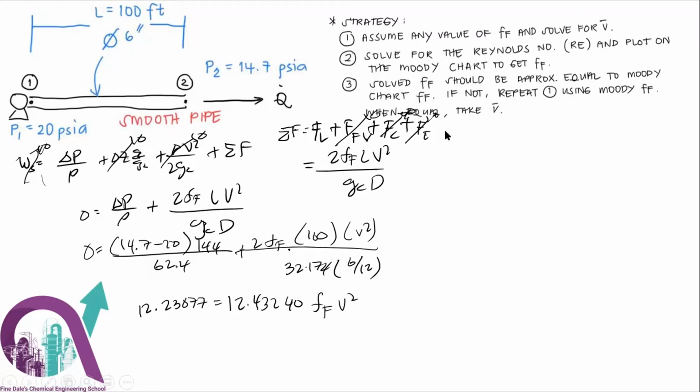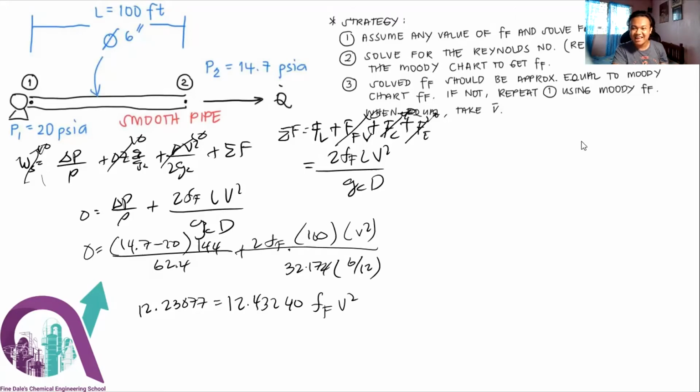Assume any value of f and solve for V. Solve for the Reynolds number and plot on the Moody chart to get f. Then the friction factor should be approximately equal to the Moody chart value. If not, repeat step 1 using the Moody value, and when equal, take the velocity. So we are iterating.